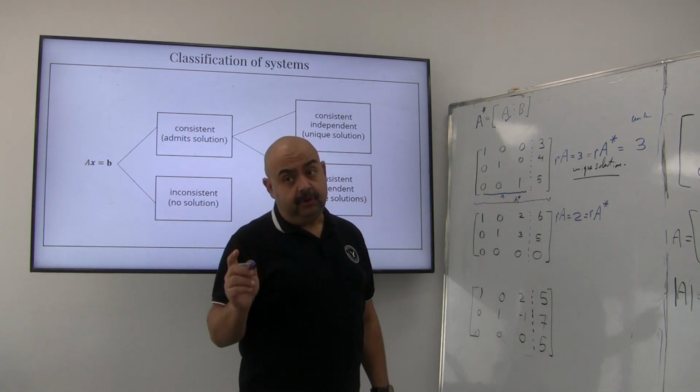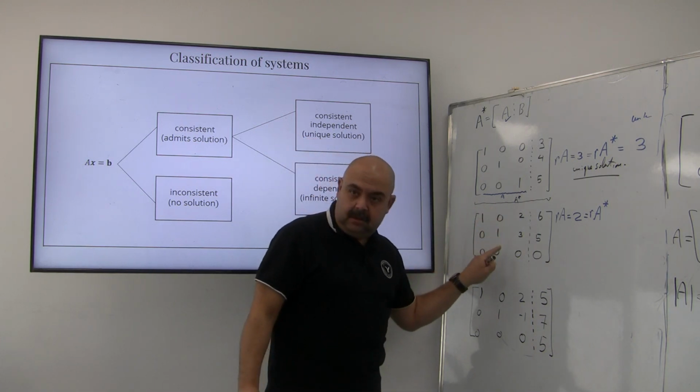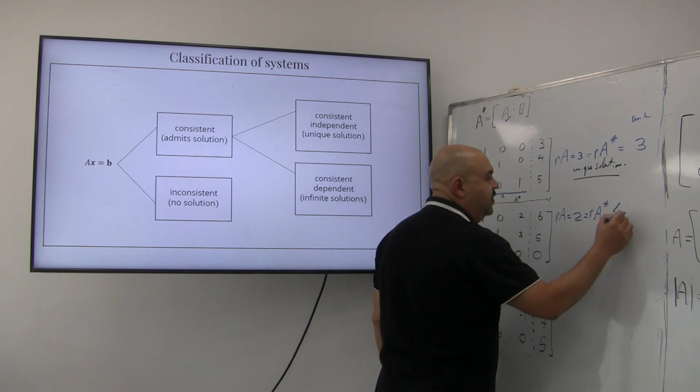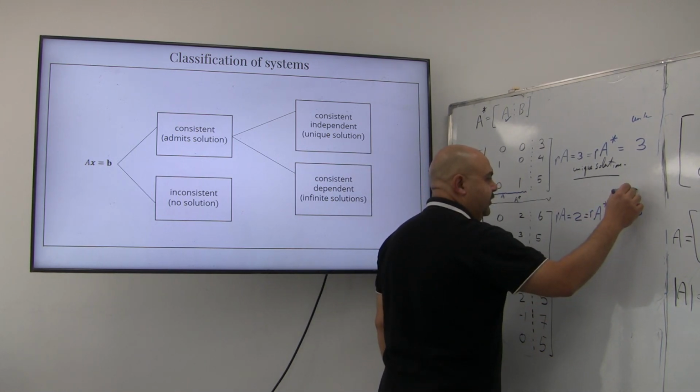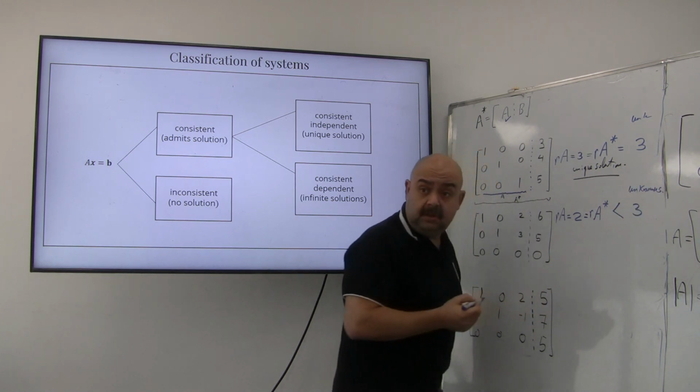But unfortunately, the number of unknowns, x1, x2, and x3, is more than the rank. So they are less than the number of unknowns. Yes?